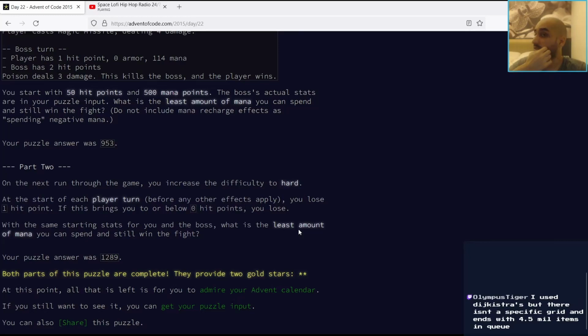I use Dijkstra's, but there isn't a specific grid and it ends with 4.5 mil items in queue. Oh, so you're trying to find the least amount of mana to win?